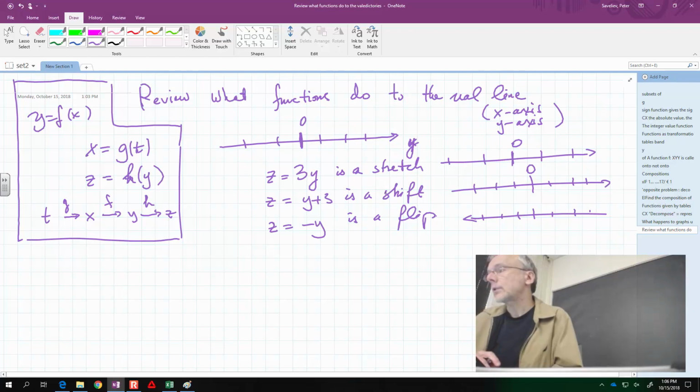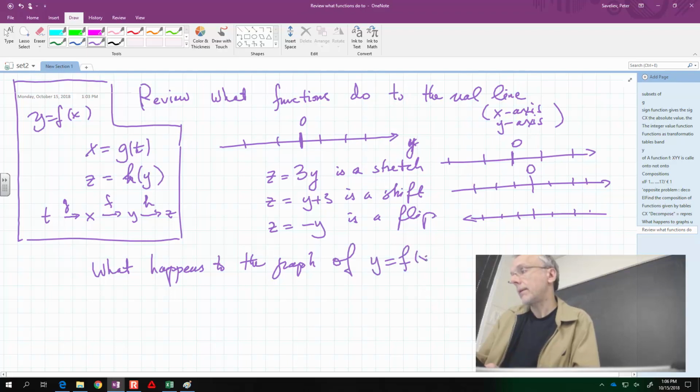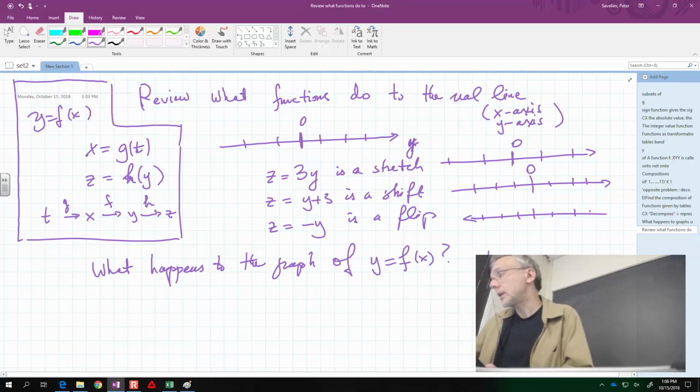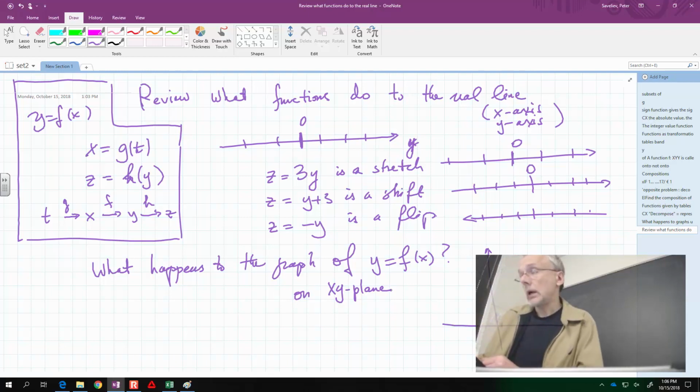So these are the three functions, and then as I said last time, our interest is what happens to the graph of y equal f of x, which lies on the xy plane, which means that what we're interested in is the transformations of the xy plane.